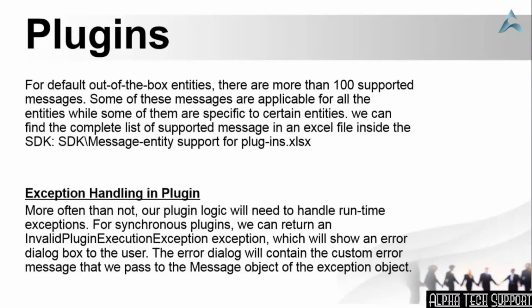So this was all about what plugins are and how they work. But if you want to write a plugin, what you need is basically a CRM SDK, which contains all the required CRM assemblies. With the help of Visual Studio, you will be able to create a project for the plugin.